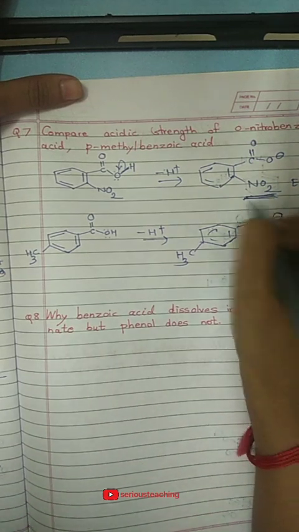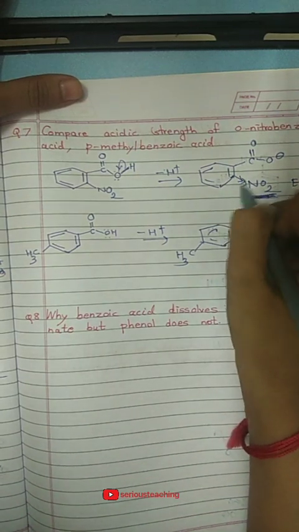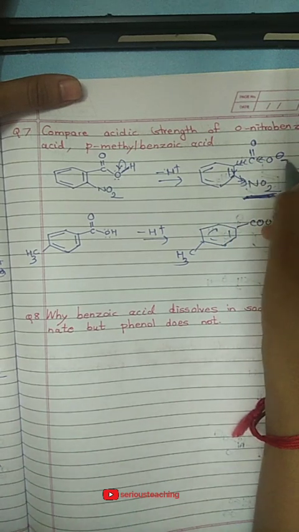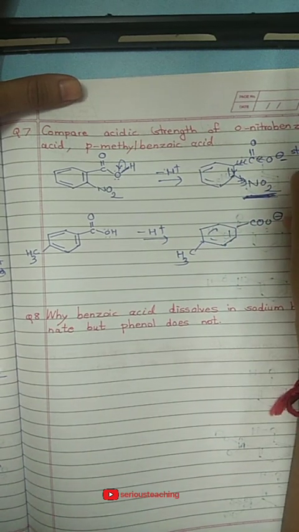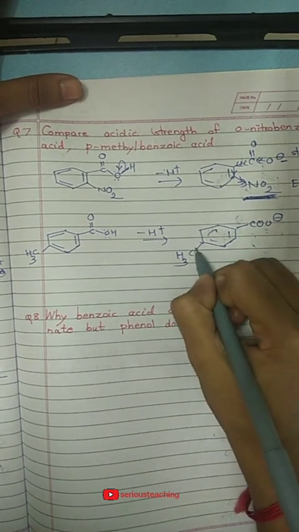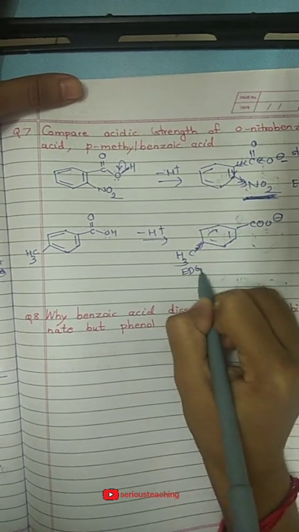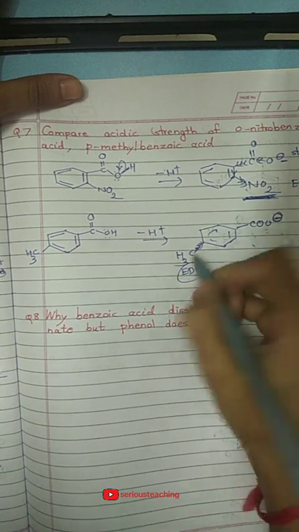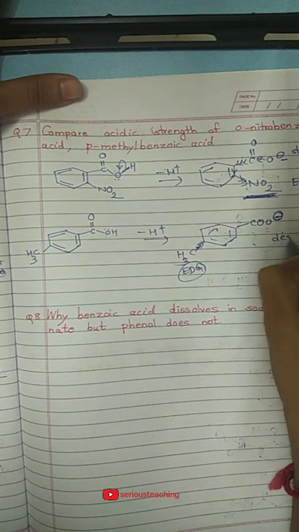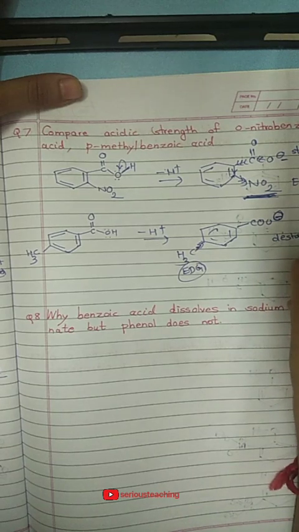Okay. So in this case, NO2 is an electron withdrawing group, meaning it will withdraw electrons, and therefore this charge will be stabilized. But in the case of this compound, the CH3 group is an electron donating group. And whenever there is a negative charge present and an electron donating group is present, that negative charge gets destabilized. Therefore, this compound is not stable.